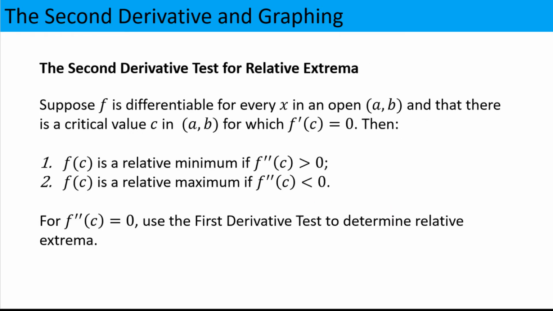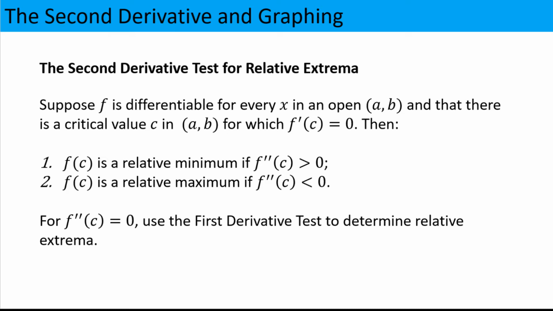The second derivative test for relative extrema. Suppose f is differentiable for every x in an open interval a to b, and that there is a critical value c in that open interval a b for which the first derivative evaluated at c equals 0.